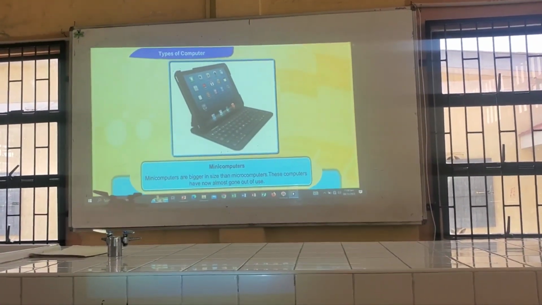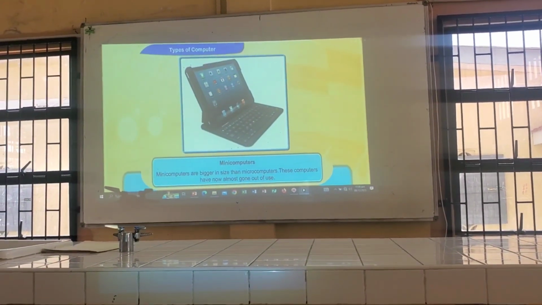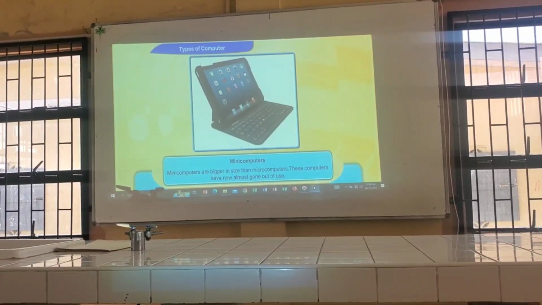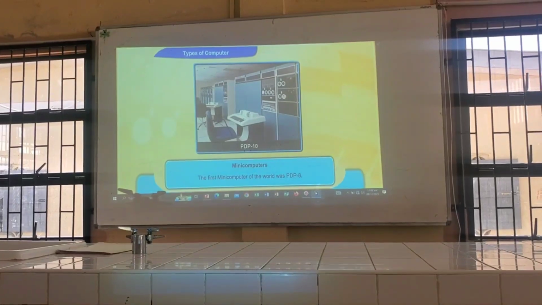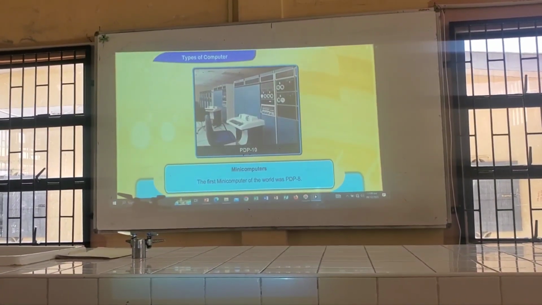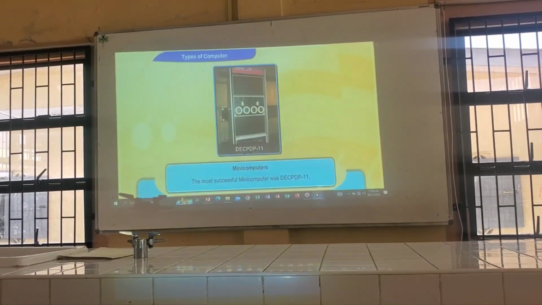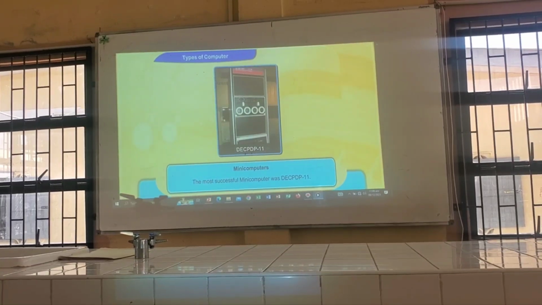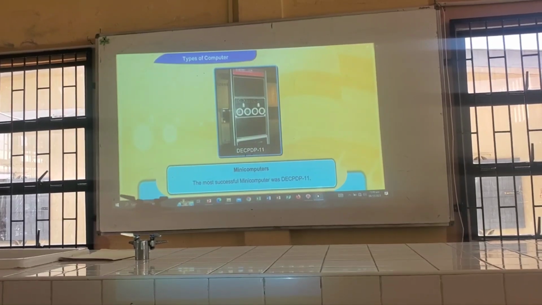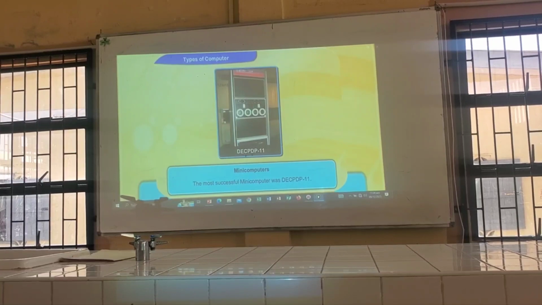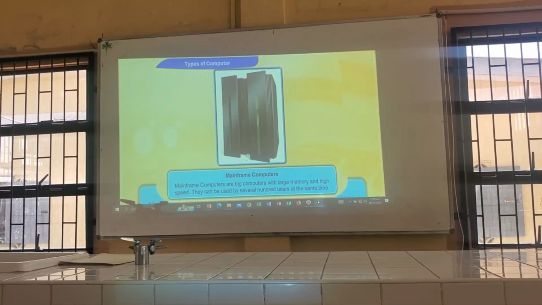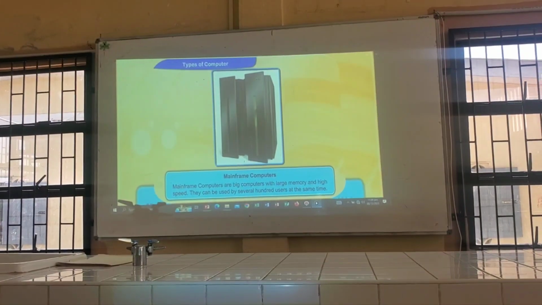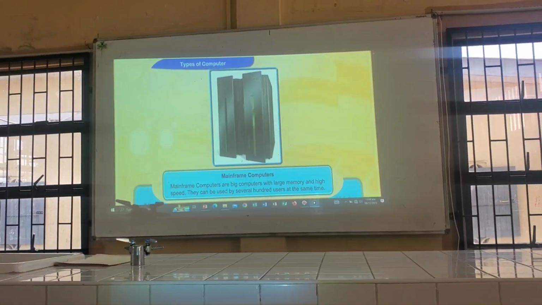Mini-computers are bigger in size than microcomputers. These computers have now almost gone out of use. The first mini-computer of the world was PDP-8. The most successful mini-computer was DEC PDP-11. Mainframe computers are big computers with large memory and high speed.